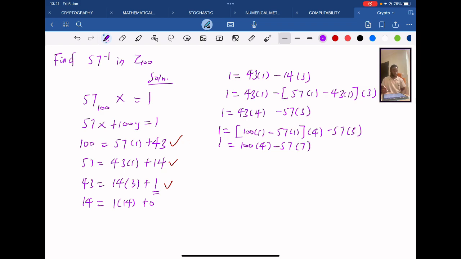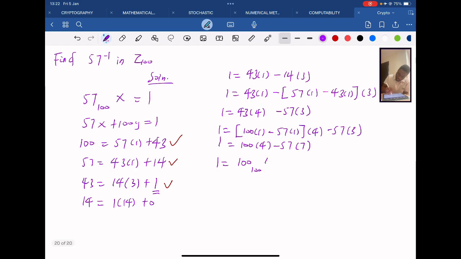Okay. So now, when we have this, remember the last time that we were solving linear Diophantine equations, we got to see that this is the same as writing, sorry, we are dealing in modulo 100, right? Then 100 times 4 minus 57 times 7.